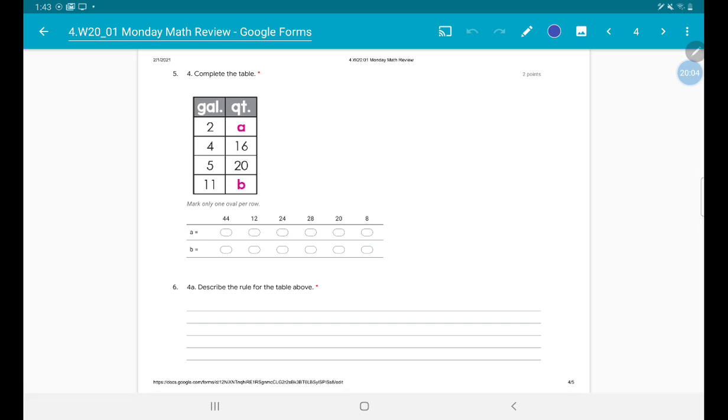We're completing the table. I've got a function table with input and output, so we're going to make the little machine. This function table gets us from gallons to quarts.